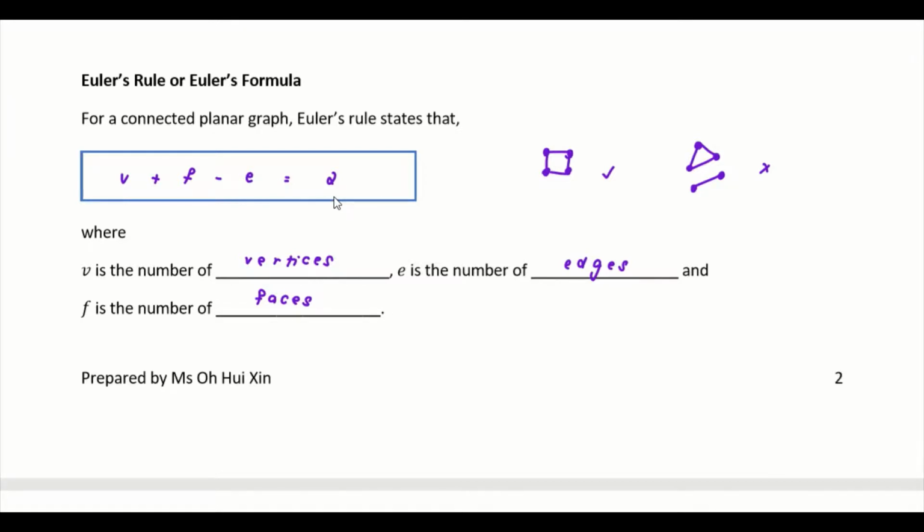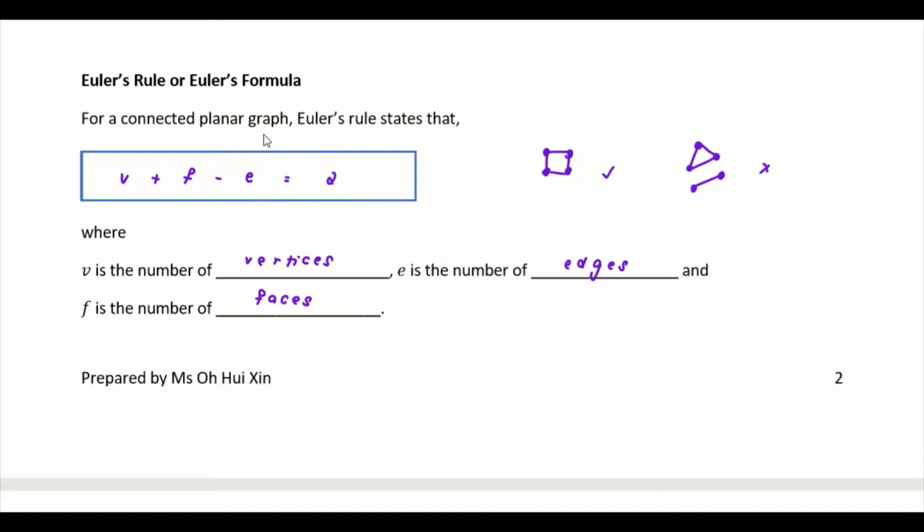The answer is yes, it means your graph is wrong. This is a 100% rule. As long as it's a connected planar graph, it should satisfy Euler's rule, which states that V plus F minus E equals 2. So if you use your vertices plus your faces minus your edges and it gives you 5, then you know your planar graph already has something wrong.